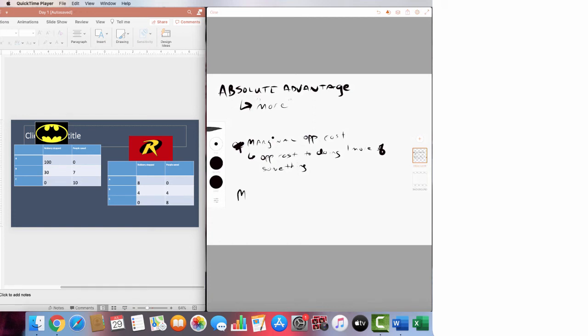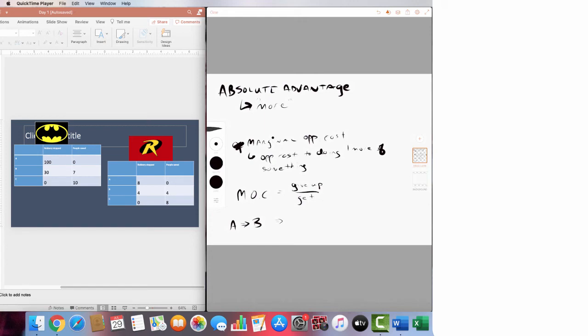The marginal opportunity cost is equal to what you give up divided by what you get in return. So in Batman's case, we're going to look at him moving from A on his production possibilities frontier to B. And when he does that, he has to give up a certain number of robberies stopped.